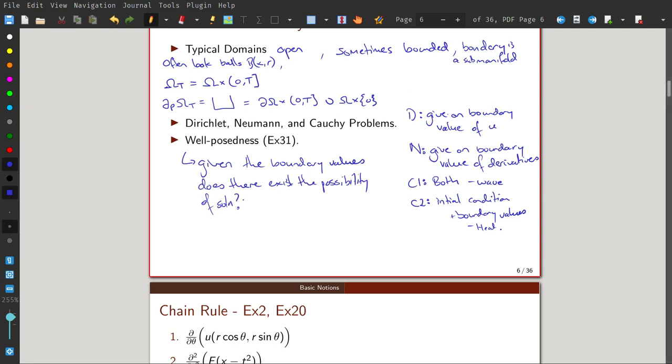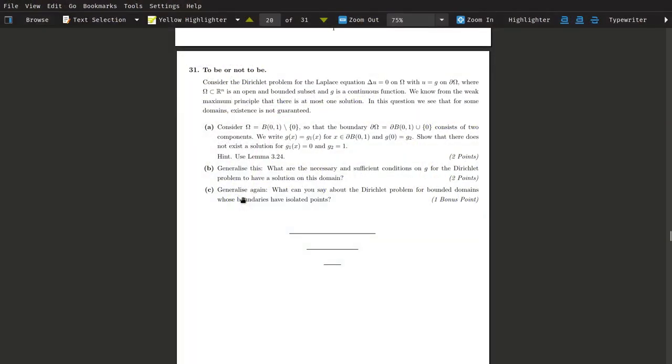So if we look at exercise 31, this was for the Laplace equation on, let's say, the ball, except for the point in the middle. So we're looking at 31A here. All right, consider the ball except for the point in the middle of the ball.